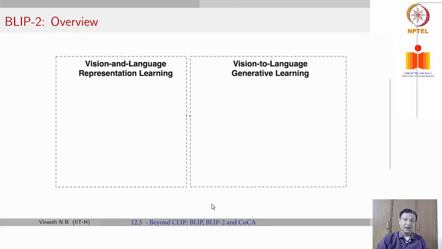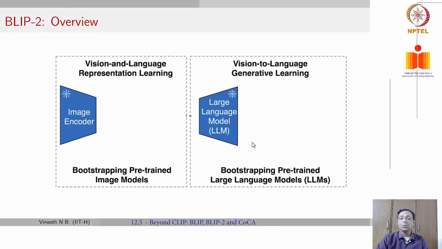They have two parts in their overall pipeline. One is vision and language representation learning. This is the part that actually tries to use the frozen backbones and finds a way to get the representations aligned. And a second module is the vision language generative learning, which generates the text.